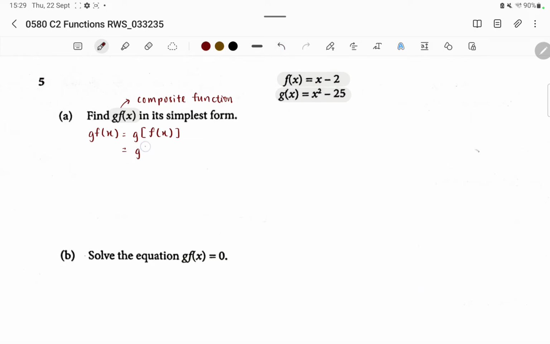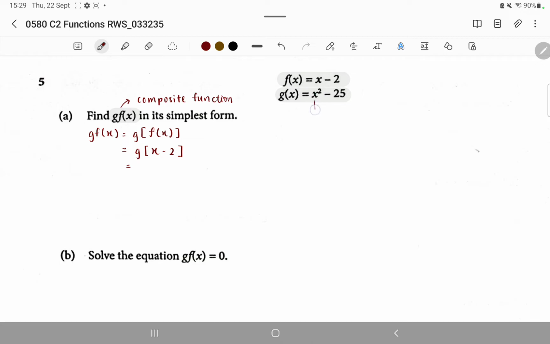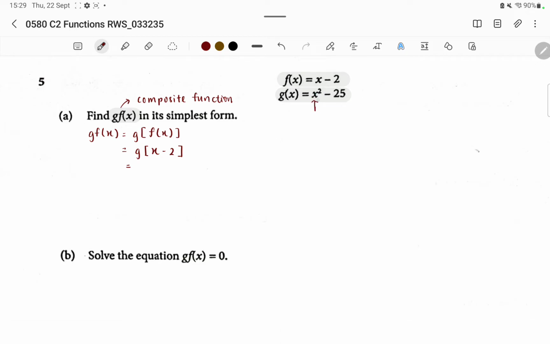So g[x minus 2] equals, then we substitute the bracket into the x of g(x). So (x minus 2) squared minus 25, and then after that simplify it.